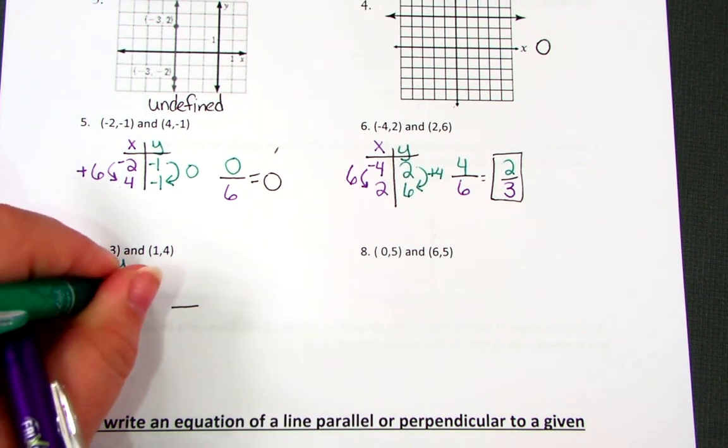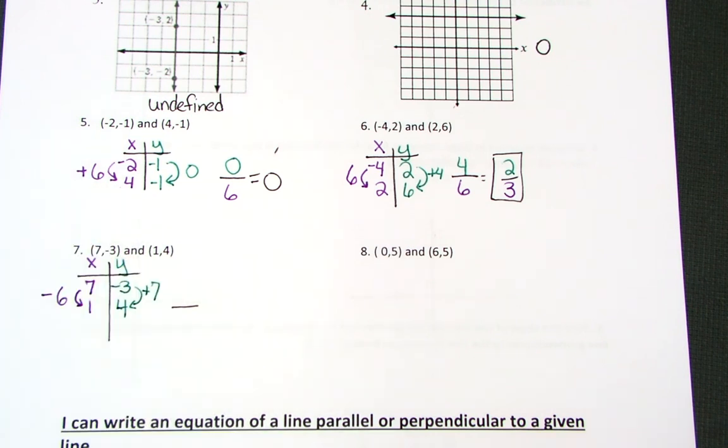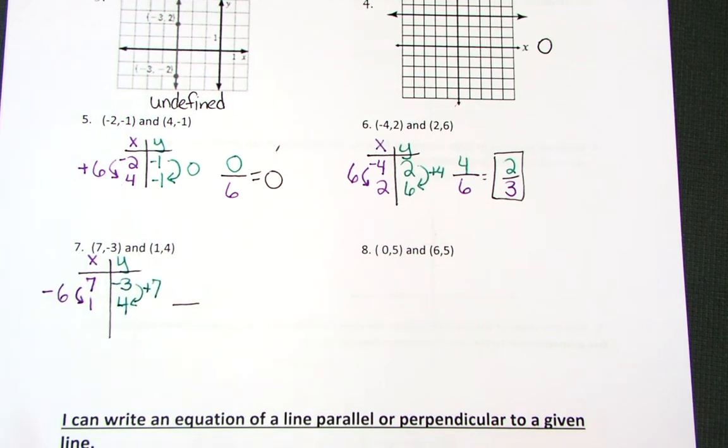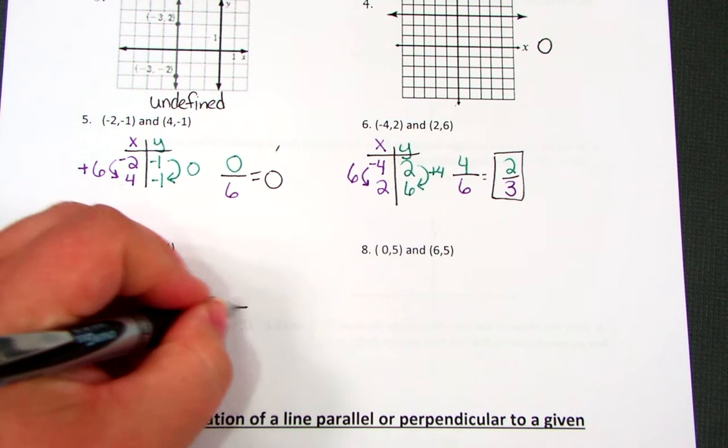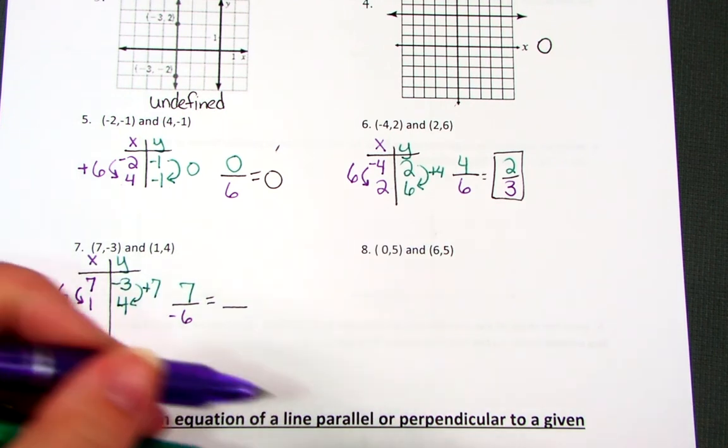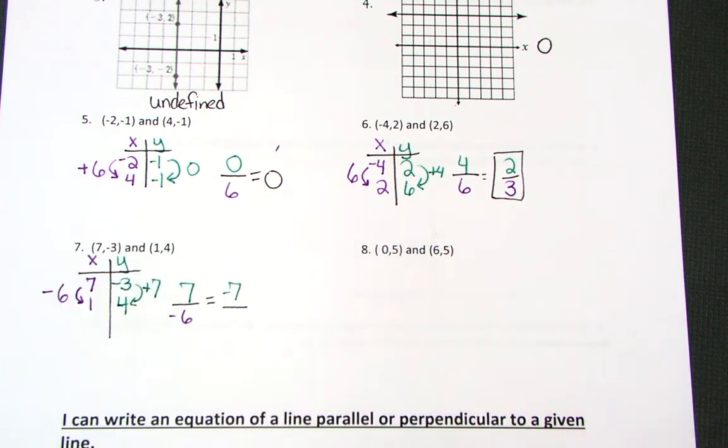I go up 7. And Y is the value that goes on top. So 7 over negative 6. And we always want to move that negative to the top. So we're going to make that negative 7 over a positive 6. It's just a good practice because when we graph, we always do the height and we always move right. And height can go up or down.